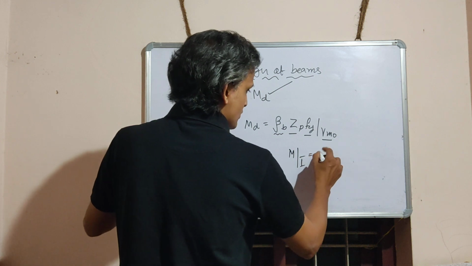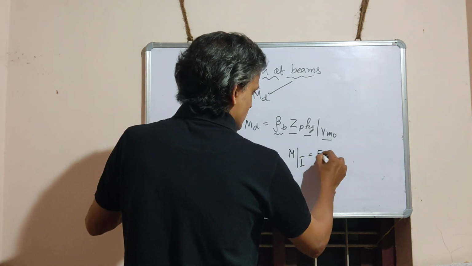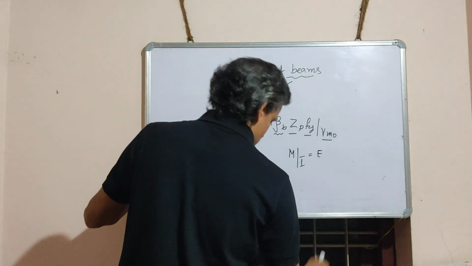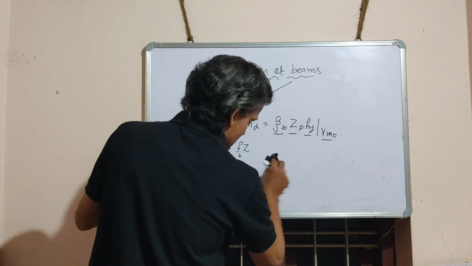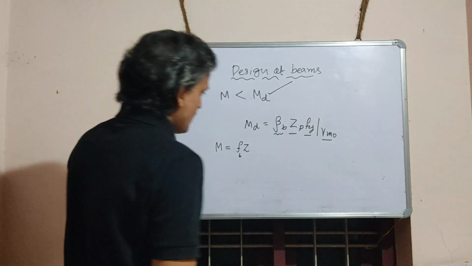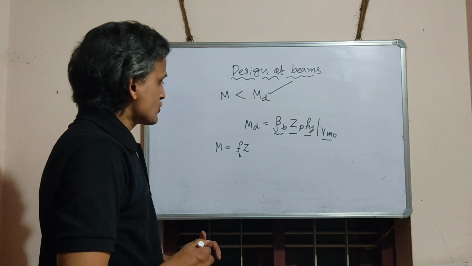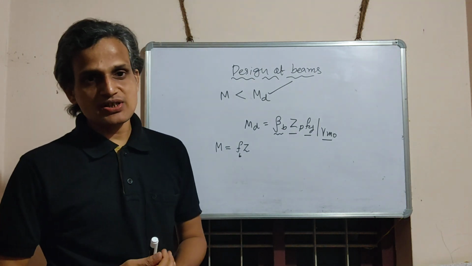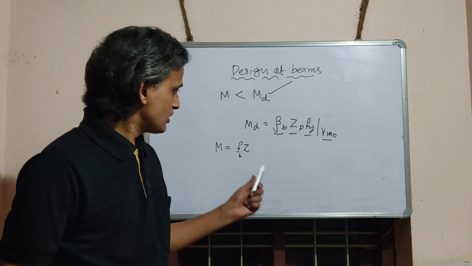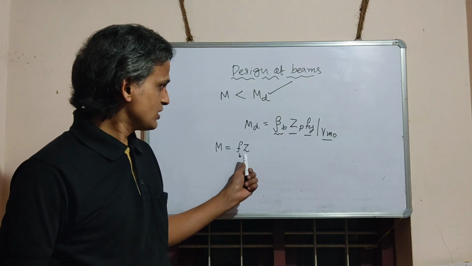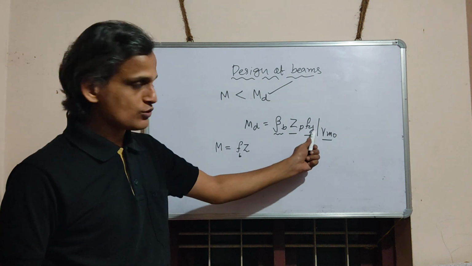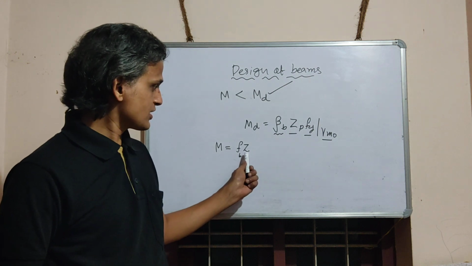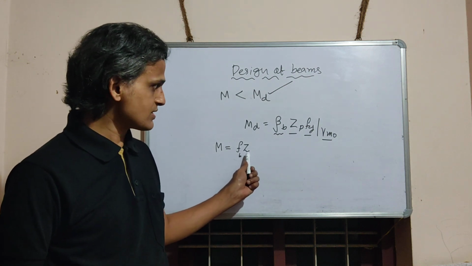M by I is equal to F by Y, I will write it a little bit later. So this is the basic idea: M equal to bending stress F into Z. Compare these two equations. There is one term F here, and here is also one term F. Z, section modulus, here is its section modulus itself.